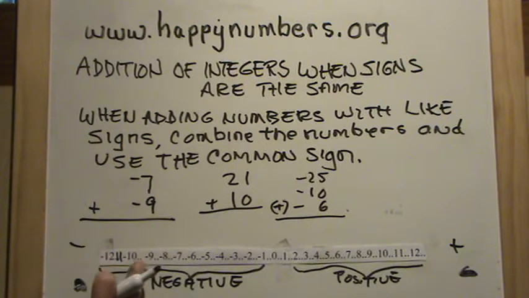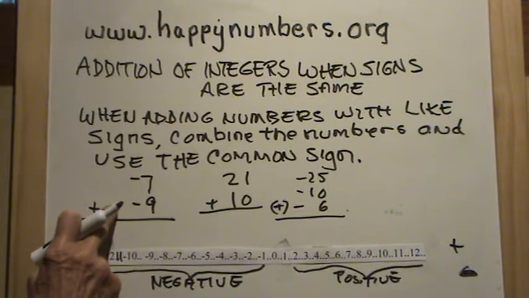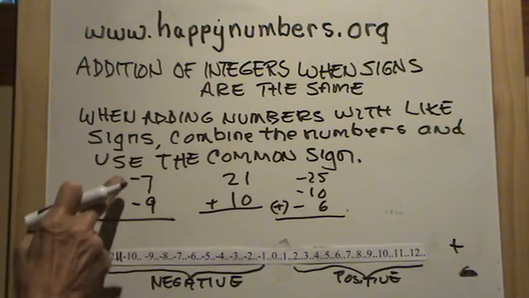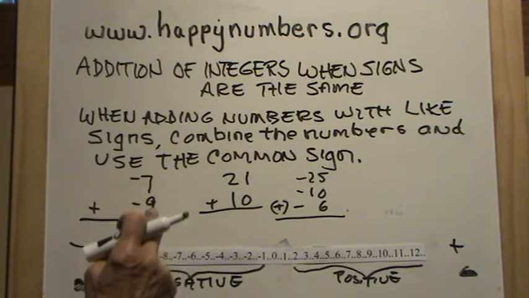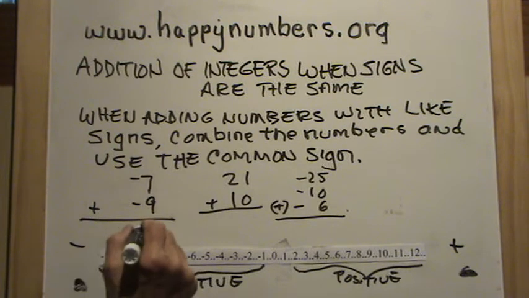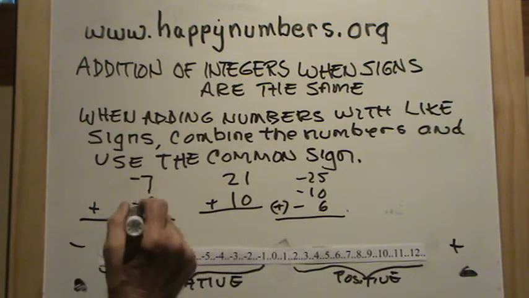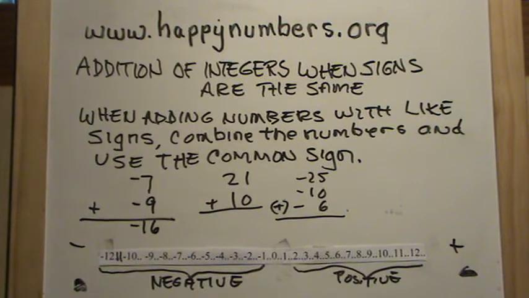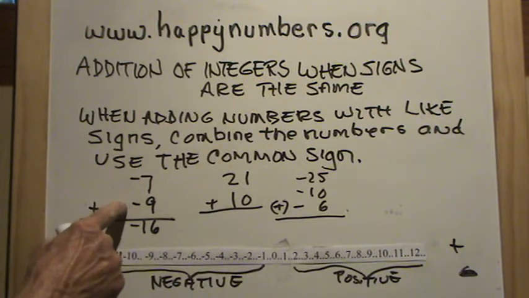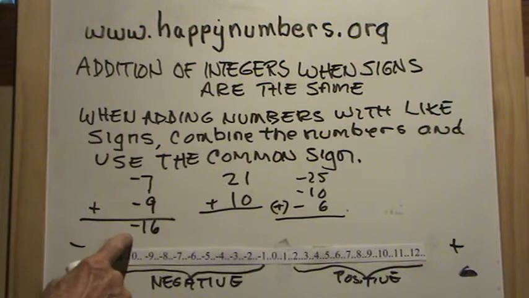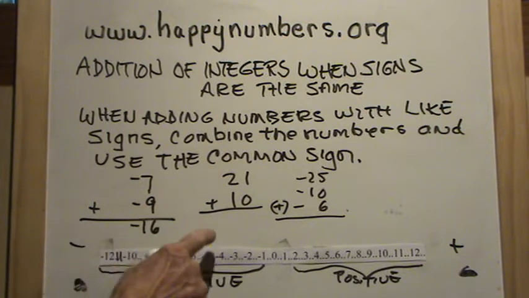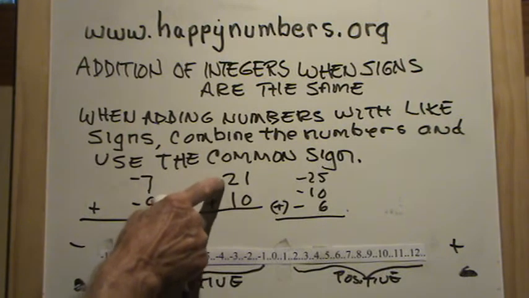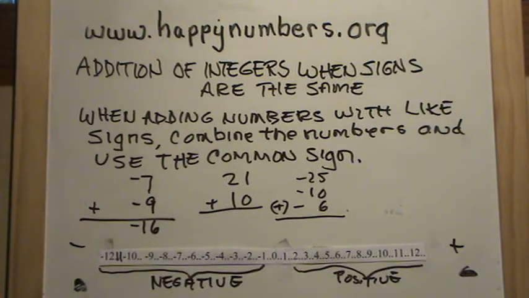Okay, here we go. Well, we're adding a -7 and a -9. The signs are the same, so we just combine the numbers. 7 and 9 is 16, and we use the common sign, which is negative. So -7 and -9, when we combine those, we get -16. Here we have 21 and 10, and we know they're positive because there's no sign there.